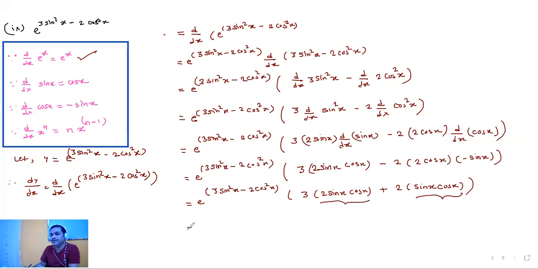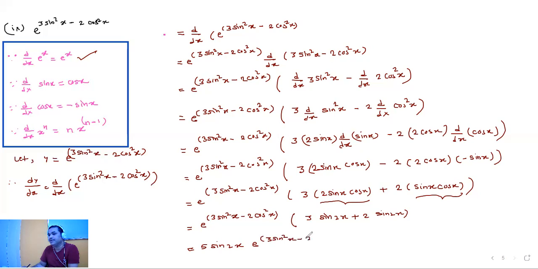This can be summed up. So this is actually, I will tell you, sine of 2 theta. Sine of 2 theta is basically 2 sine theta and cos theta. So this is 3 times sine of 2x plus 2 times sine of 2x. So ultimately this will become 5 times sine of 2x raised to e to the power 3 sine square x minus 2 cos square x.